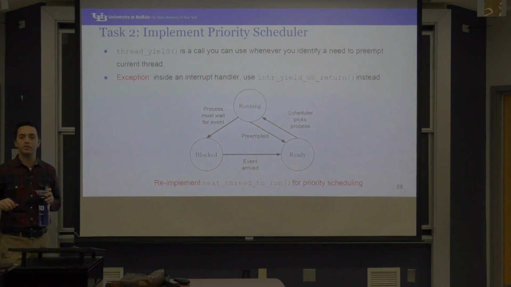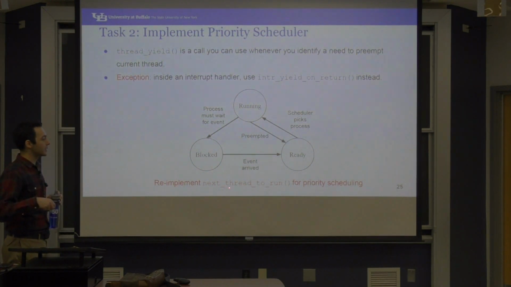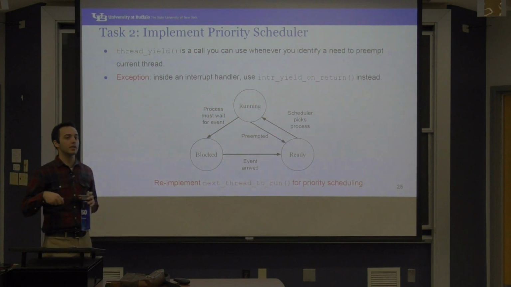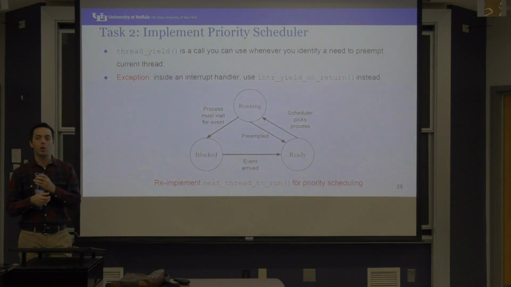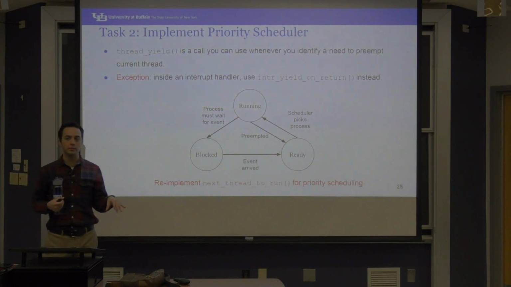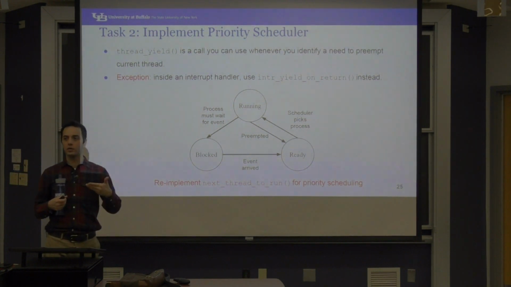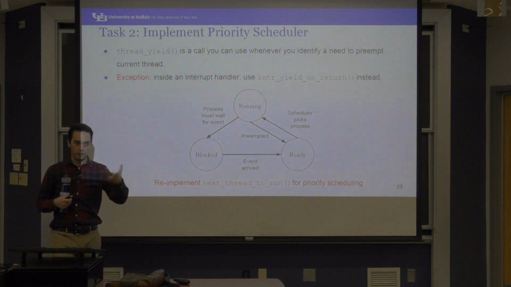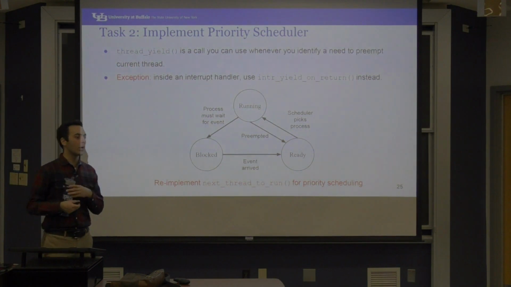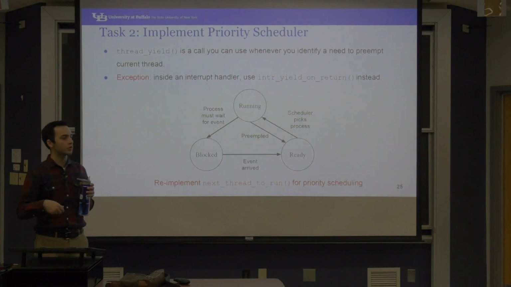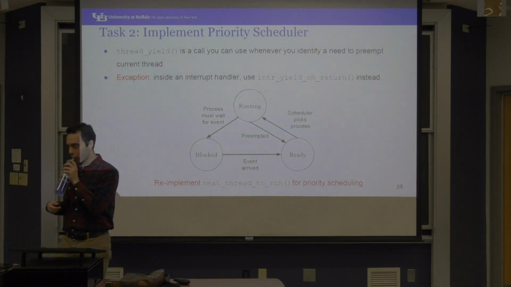So in your priority scheduler, for example, you have to re-implement the next thread to run function. This is a function where you go over your available threads and pick the next one, whose turn it is, so that the scheduled context switch can happen. So you have to implement it to implement the priority.